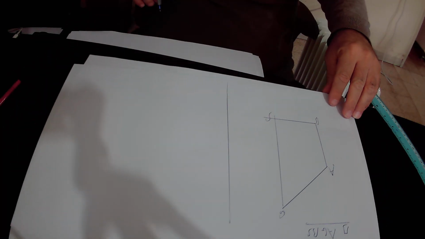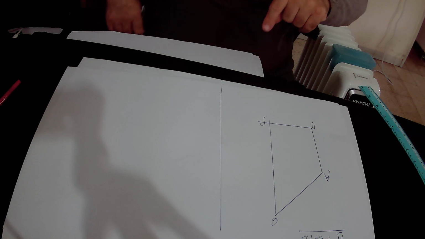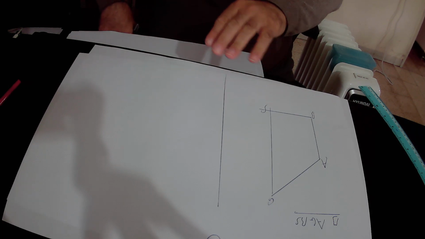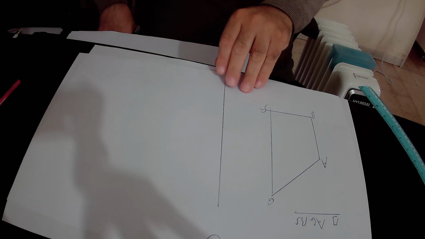Okay, this is quadrilateral AGBS, copied from the original drawing. This quadrilateral encloses a circle.